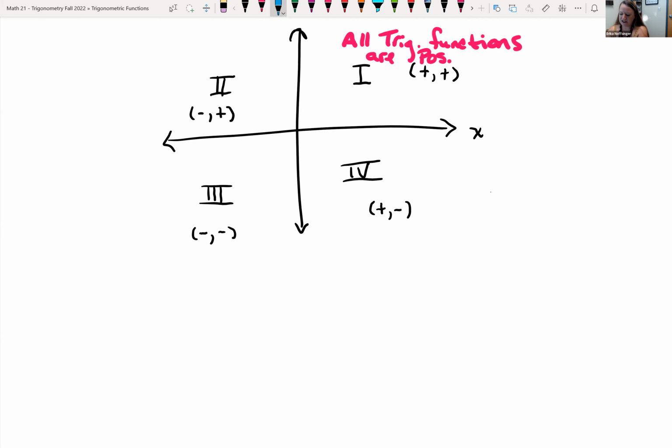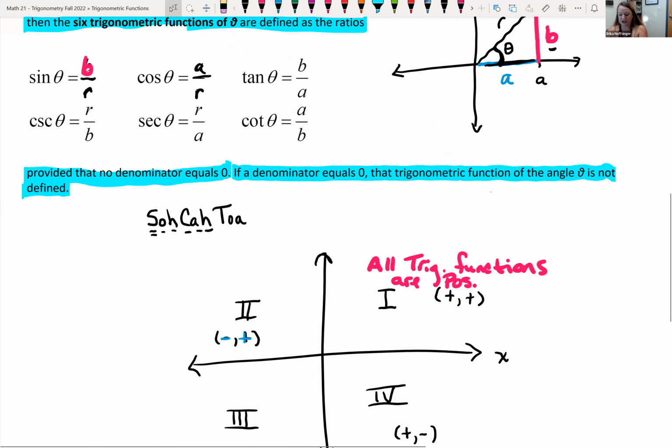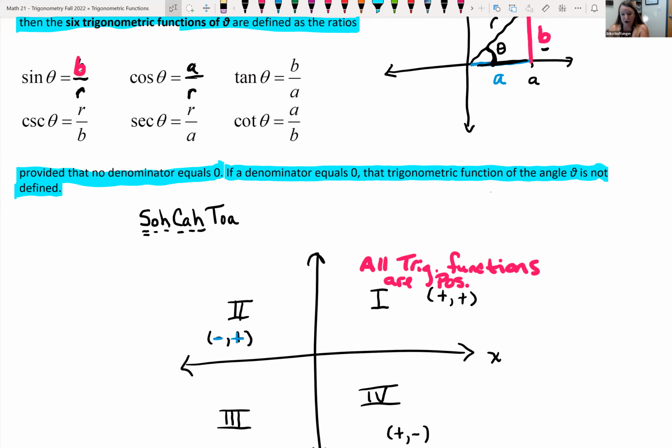But if we look in our second quadrant, notice that our Y value in this quadrant is positive, but our X value is negative. And so if you look back over here at the ratio of sides, our A value is our X. So anything that has A in that ratio is a negative number.